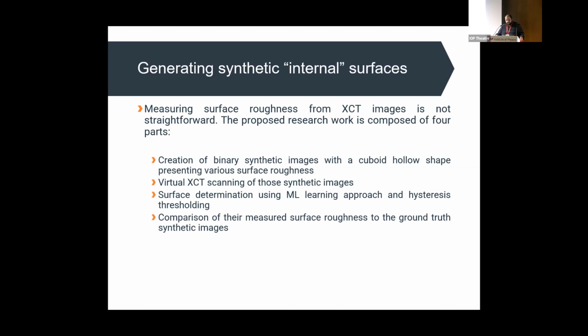Then we will determine the surface of those different images using a machine learning approach and hysteresis thresholding. And we will compare all those measured surface roughness to the ground truth, here the synthetic images.